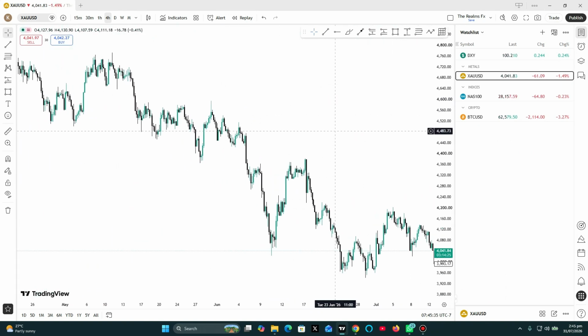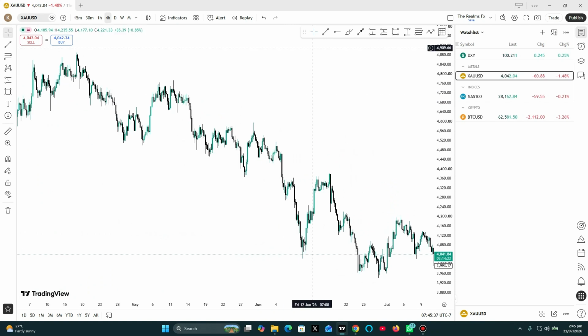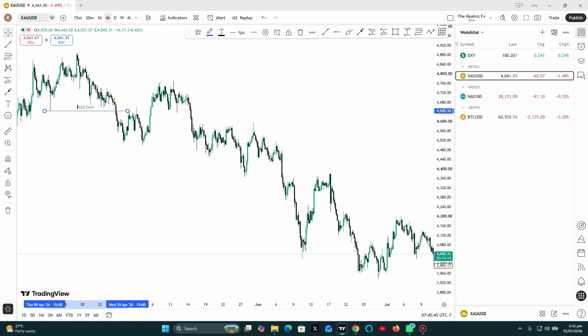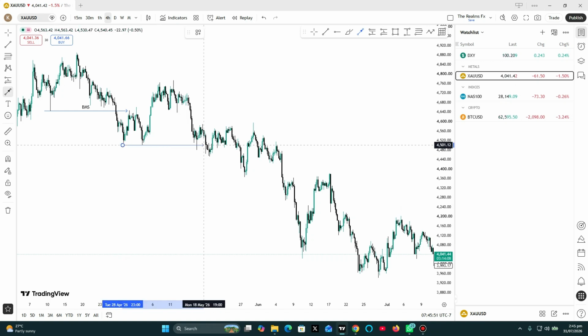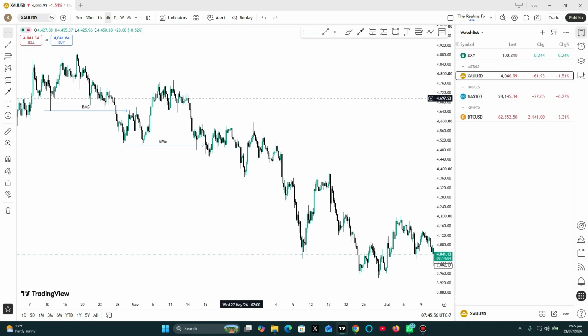Okay, so this is gold, right? So there's one over here. Breakout structure. Another breakout structure, right? So there's one, two here.